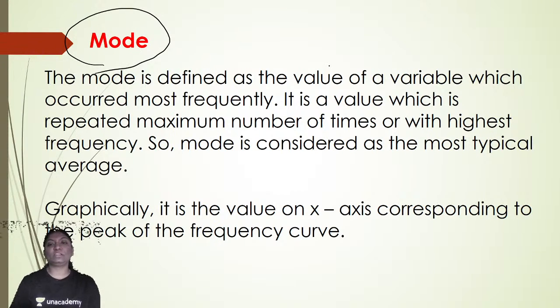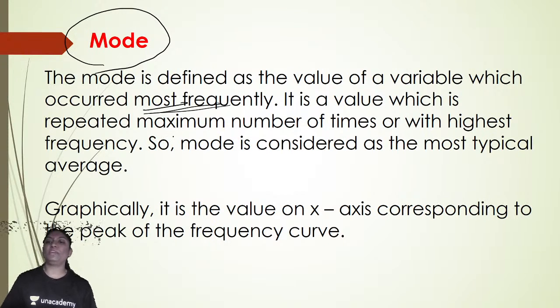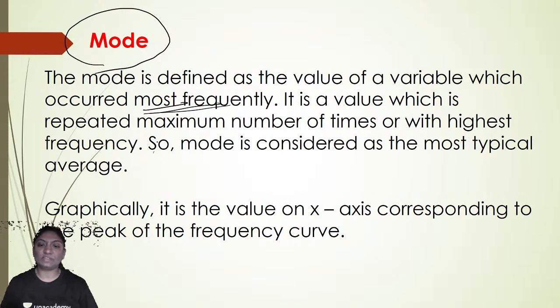Mode is defined as the value of a variable which occurred most frequently. How many times that value occurs, that will be its mode. Okay, it is the value which is repeated the maximum number of times or with the highest frequency. So mode is considered as the most typical average. Graphically it is the value on the x-axis corresponding to the peak of the frequency curve.